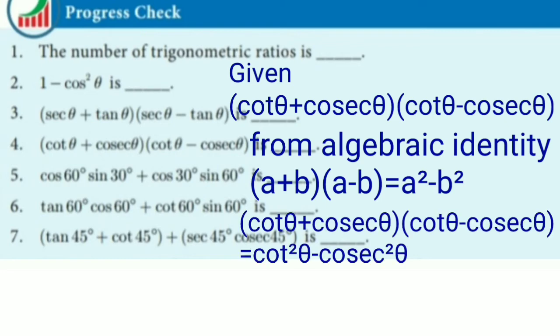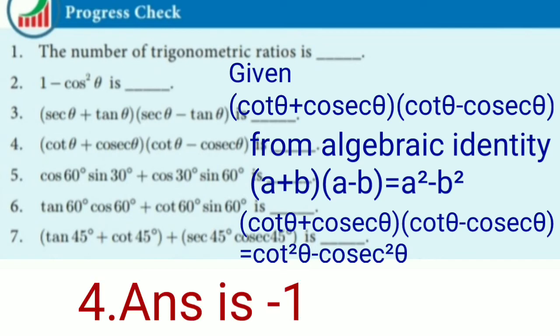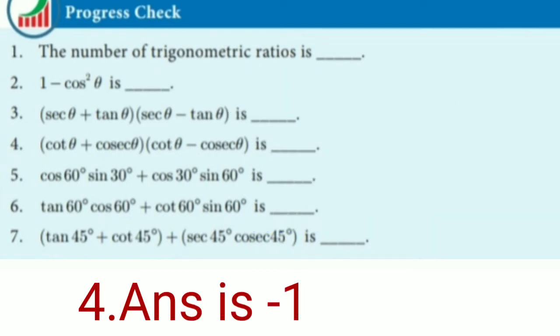Cot theta plus cosec theta into cot theta minus cosec theta is equal to cot square theta minus cosec square theta. From third identity, 1 plus cot square theta is equal to cosec square theta. So cot square theta minus cosec square theta is equal to minus 1. So fourth answer is minus 1.